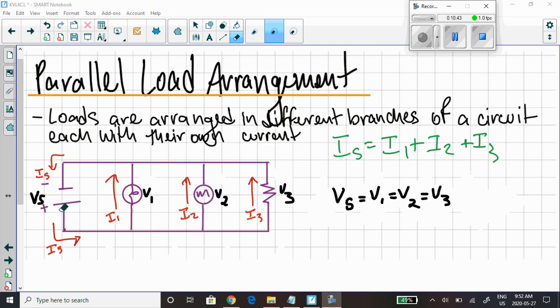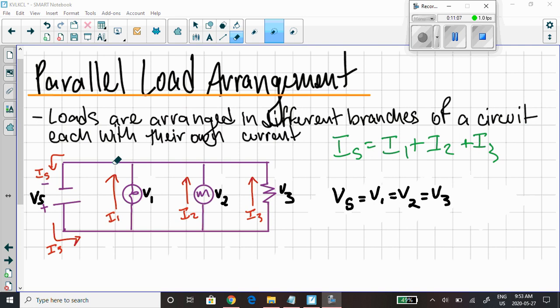And then look what happens to the current. Positive flow, right? Current leaves the positive end of the source. Follow my cursor. Some of the current goes into branch 1. Different charges go into branch 2. Different charges go into branch 3. And then they all recombine up here.